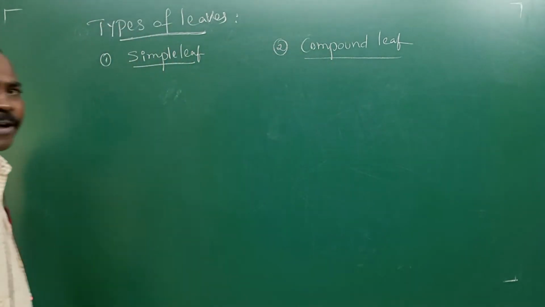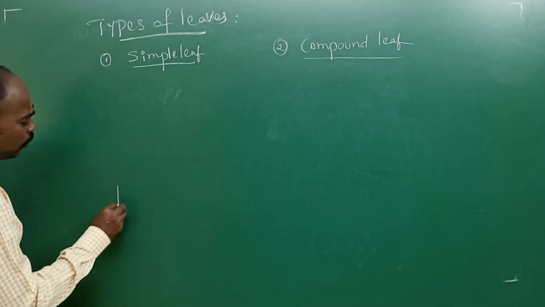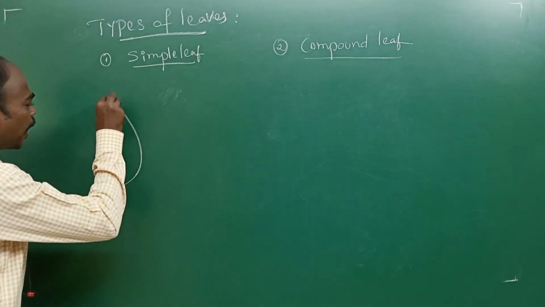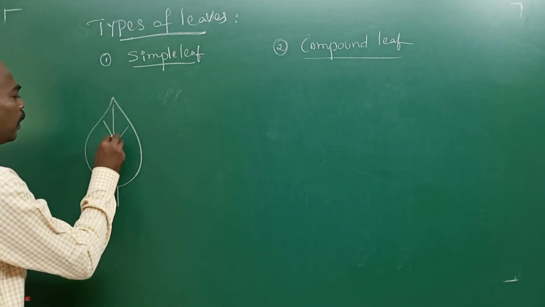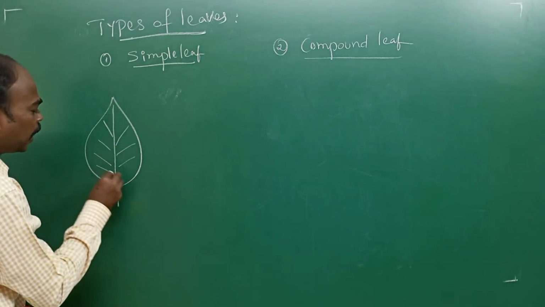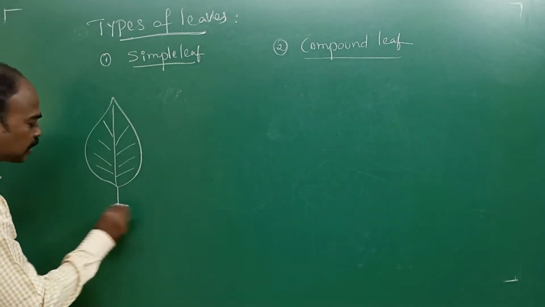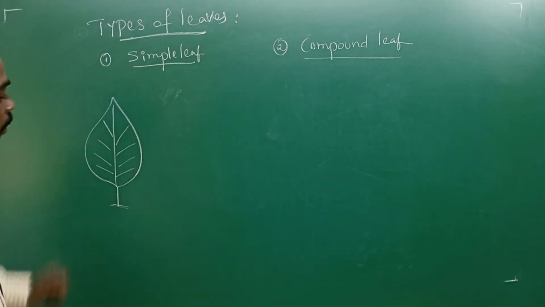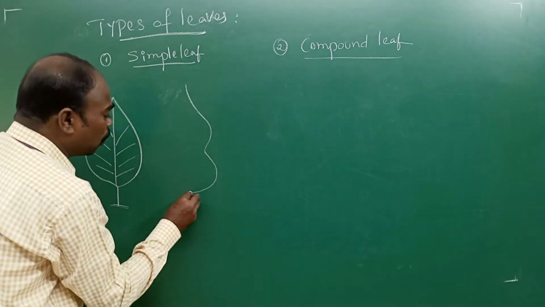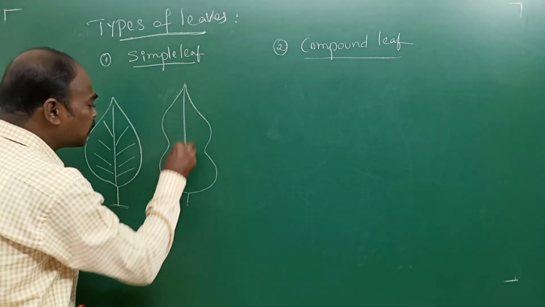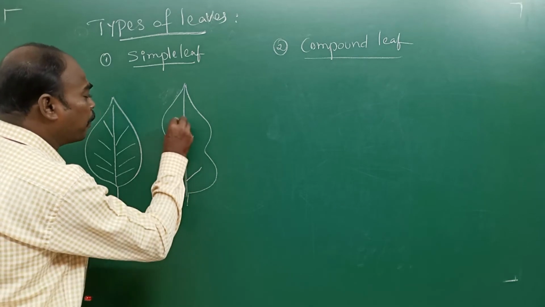What is a simple leaf? It is a leaf which is entire, without any dissections or lobes. A simple leaf may be entire, or incisions may be found, but those incisions do not cut the midrib.